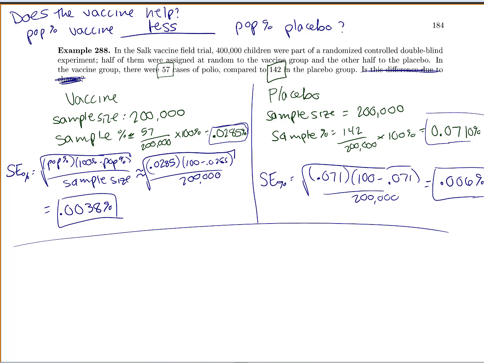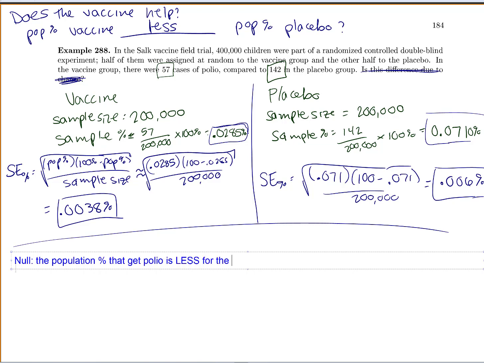That's what we want to show. So we'd say something like the null would be that the population percent that get polio is less for the vaccine group than the placebo group.